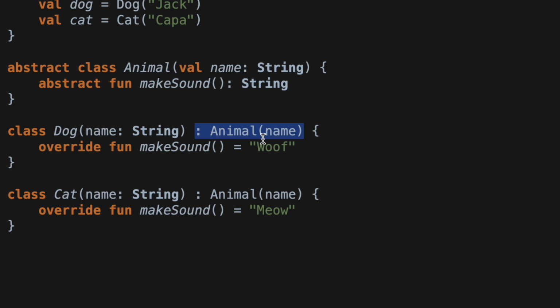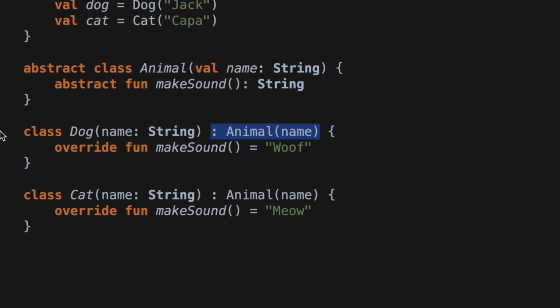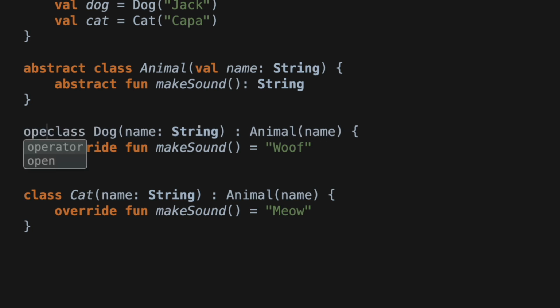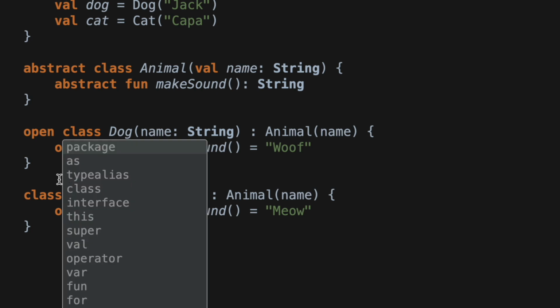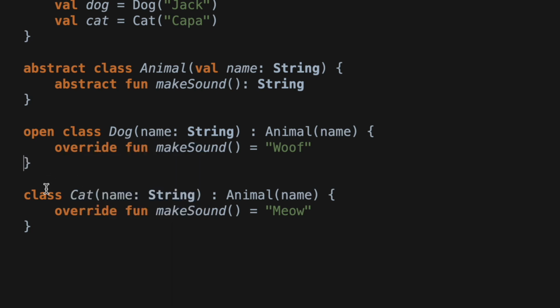And I described to you before what abstract means. But what if we add another layer of inheritance now? If we want to make our class inheritable, we need to write open in Kotlin. This means that our dog can be extended, inherited.